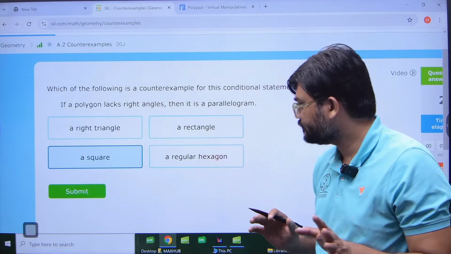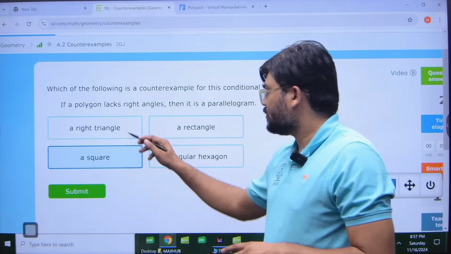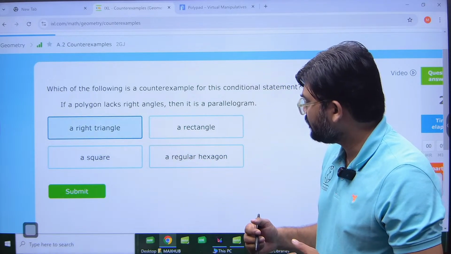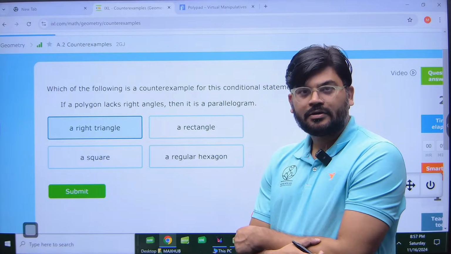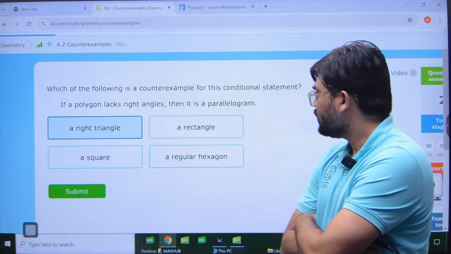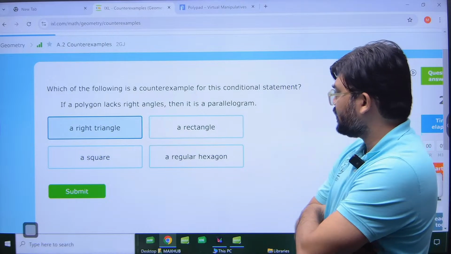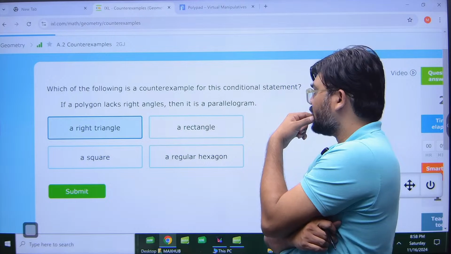Okay. What about this, a right triangle? It has a right angle, but all the angles are not 90 degree. So they are saying that it is not a parallelogram.